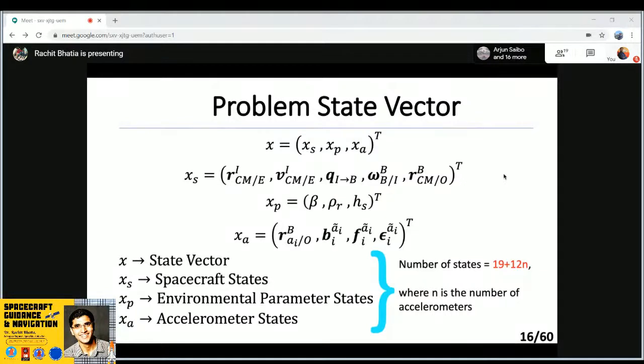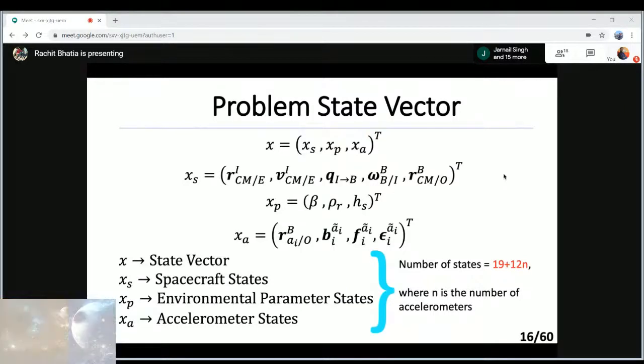One is spacecraft states, which include position, velocity, quaternion, which is the orientation, angular velocity, and the position of the center of mass of the spacecraft. I want to estimate these states. I also want to estimate the environmental parameter states, which include ballistic coefficient, reference atmospheric density, and scale height, which define my atmospheric drag model.